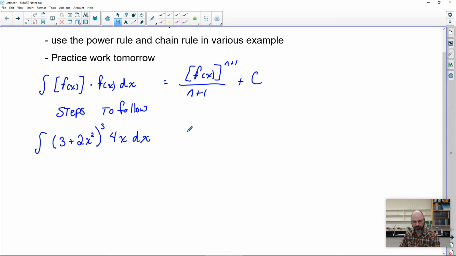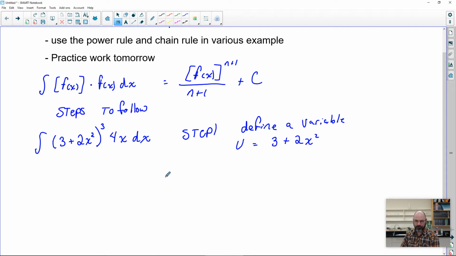So step 1 is to define a variable u, we'll say, equals, and we usually do the brackets here, 3 plus 2x squared.